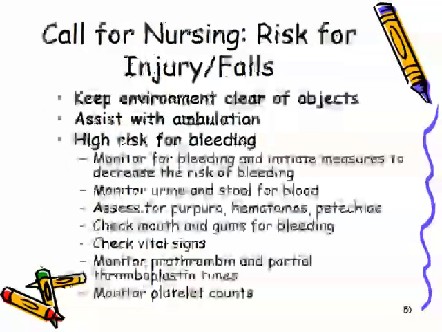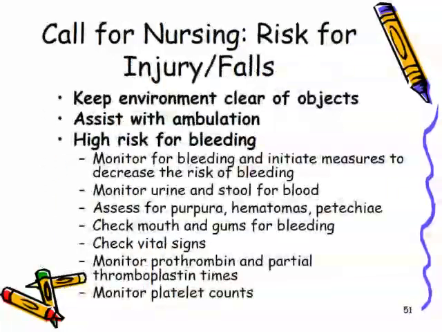They are at risk for injuries and falls, and also at high risk for bleeding because of not having the clotting factors available that they need, and also because of poor vitamin K absorption. So for these patients, we need to make sure that we're monitoring them for injuries and for environments that may be injurious to them, and then also checking for any signs of bleeding that are noted on the slide here.